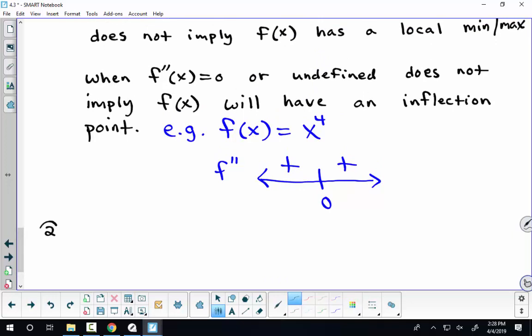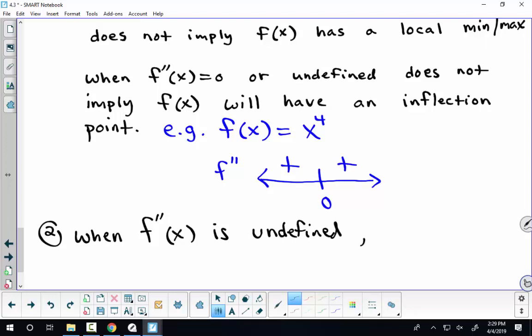The second thing we want to keep in mind, just like with the first derivative, is that when the second derivative is undefined, f of x, the original function, can have an inflection point.